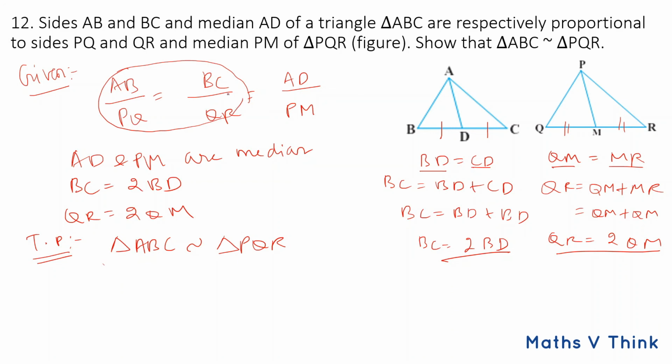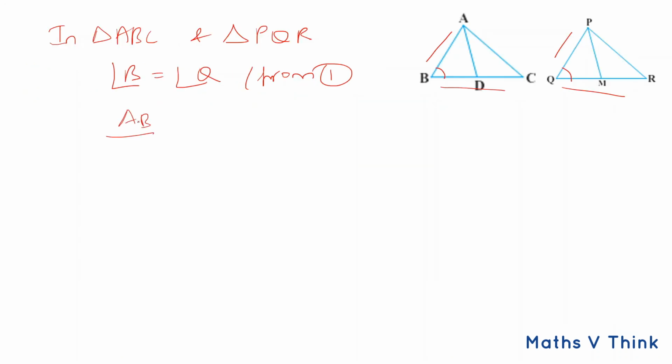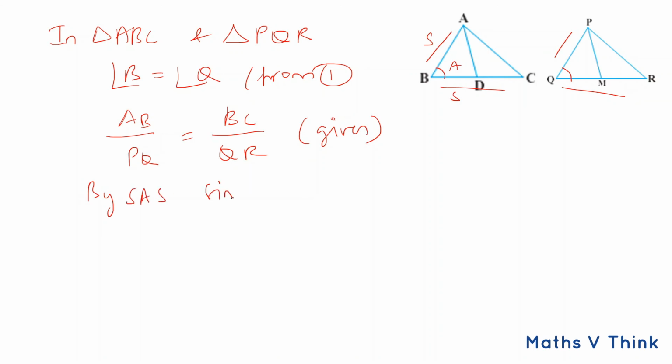So I can tell AB by PQ is equal to BC by QR. It is given. So can I tell by this is side, angle, side. So by SAS similarity, I can tell triangle ABC is similar to triangle PQR. So we proved this, hence proved.